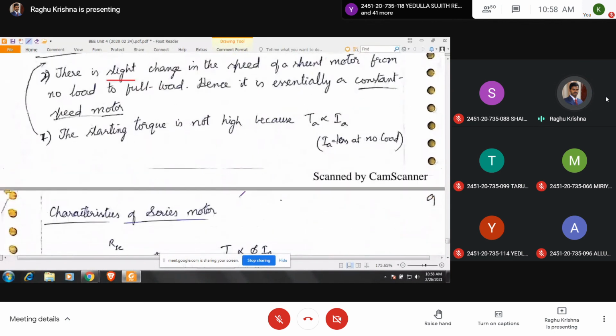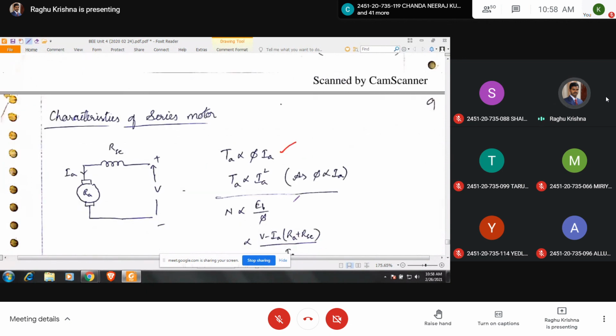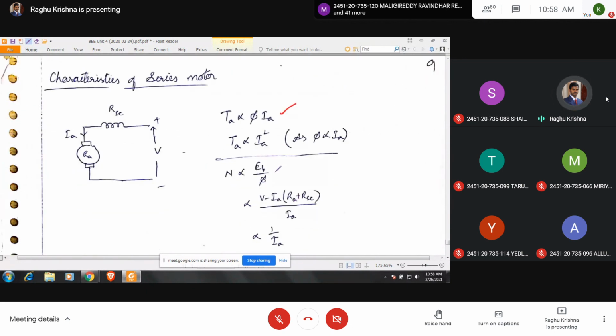The first one is torque is proportional to flux into Ia, and the second one is N is proportional to EB by phi. If you know these two, you can determine the characteristics of any motor, the shunt motor or the series motor.